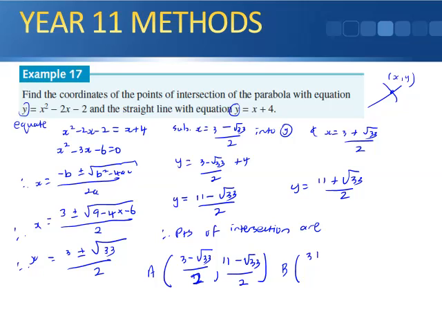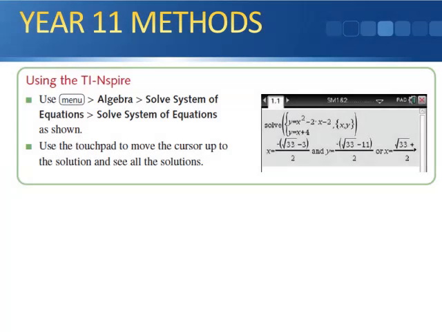This one is 3 plus the square root of 33 over 2, and 11 plus the square root of 33 over 2. You can do it on your calculator by going to that solve system of equations that we showed you, and then typing them in, solve for x and y, and you get your points.